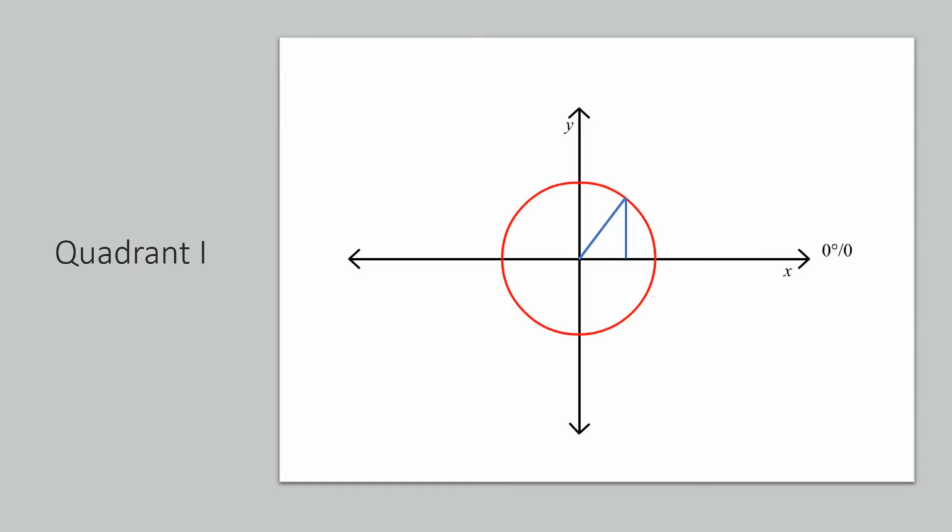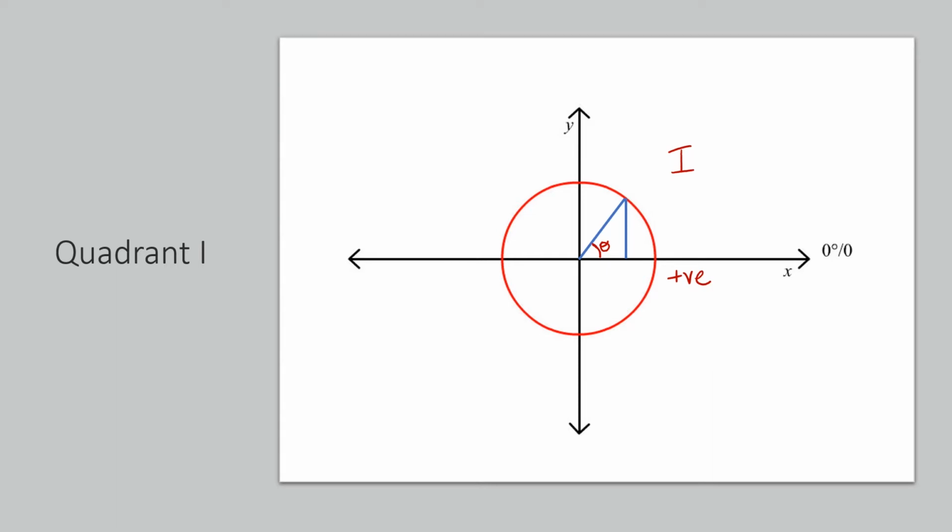Let's look at our first quadrant in detail. So this here is our first quadrant, quadrant 1. Now if we draw a little triangle, our angle falling in the first quadrant, the general angle, we always label theta. And remember that this part of your x-axis has all the positive numbers.